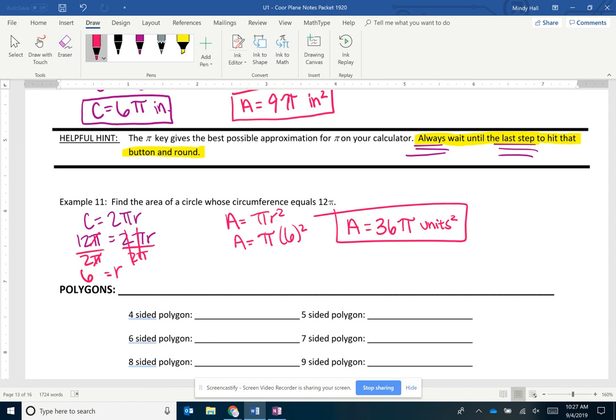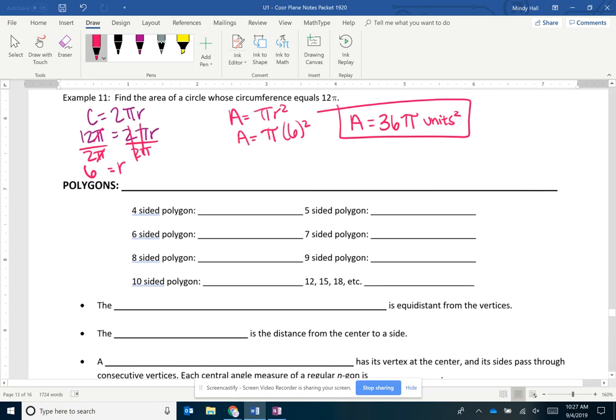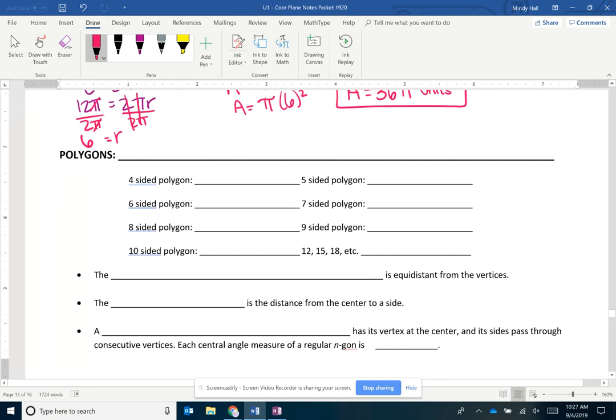All right, so polygons. Polygons are, as you know, shapes. They can be 4-sided, 10-sided, 32-sided, it just depends on what you're given.